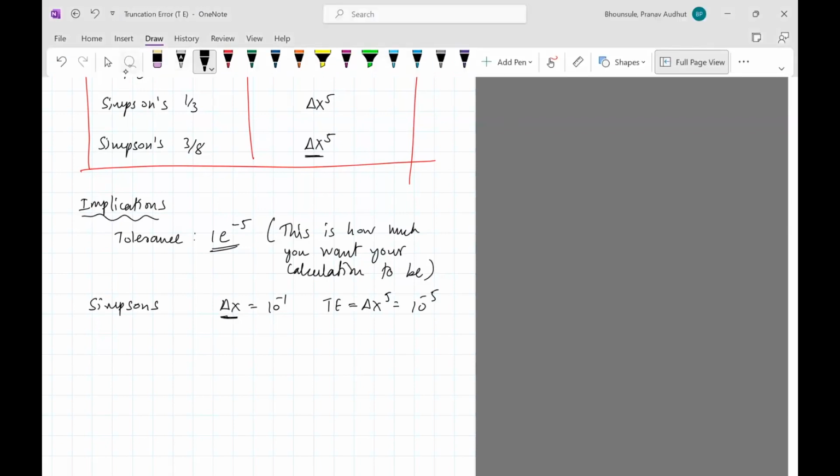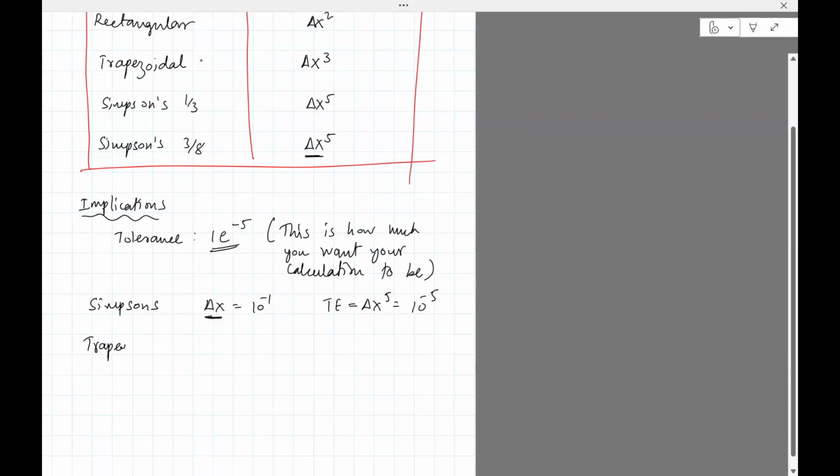Okay. If you want to use the trapezoidal rule, then TE is delta x raised to 5, no, sorry, this will be delta x cube, because that's delta x cube.